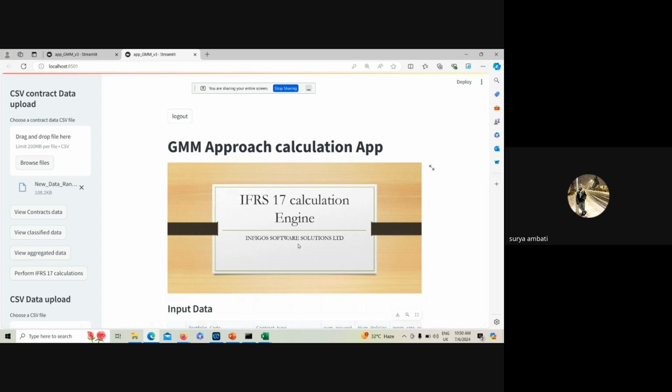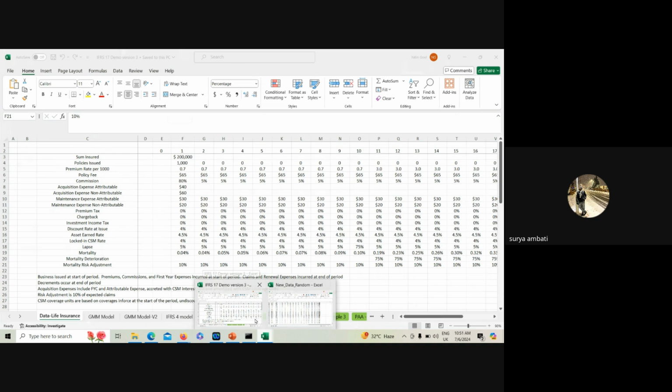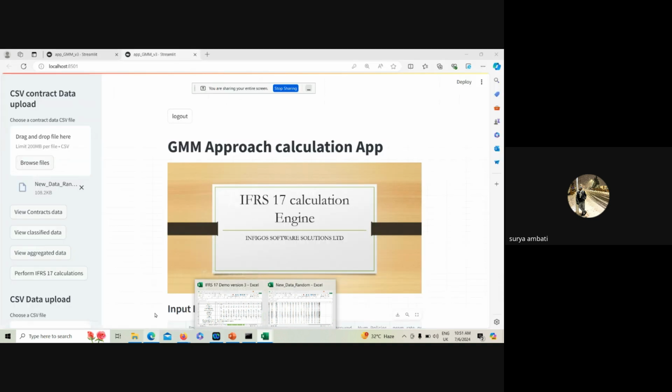So the basic idea is that if we take the premium, I mean insurance data, and insert that individual or raw data into this tool, then this tool will convert it and create different components like BEL, risk adjustment, and CSM, and it will calculate the LIC. So suppose now it is calculated, whatever the components that we discussed, BEL and risk adjustment and everything.